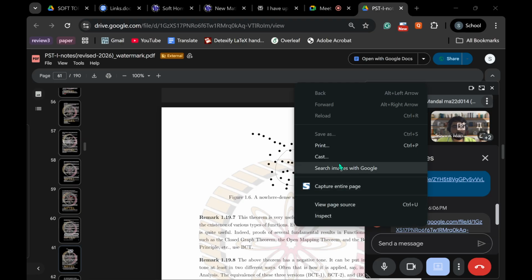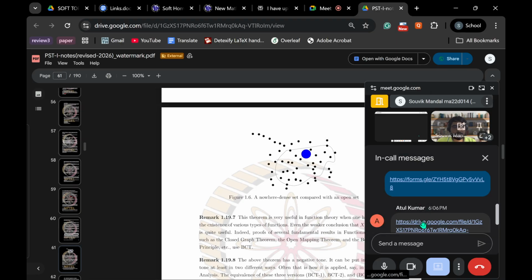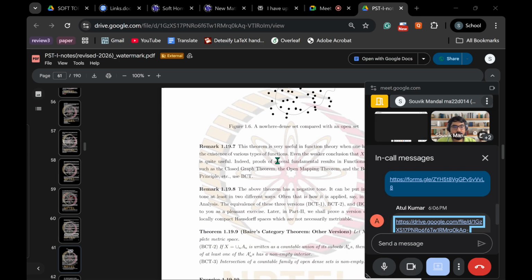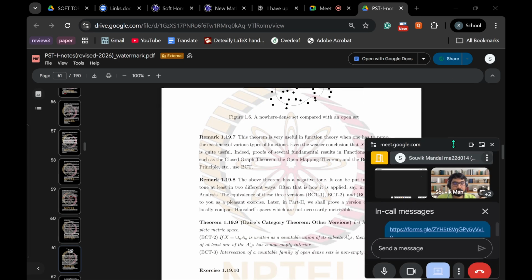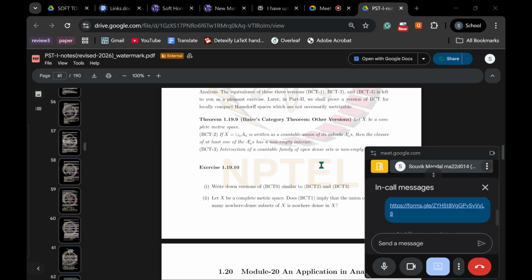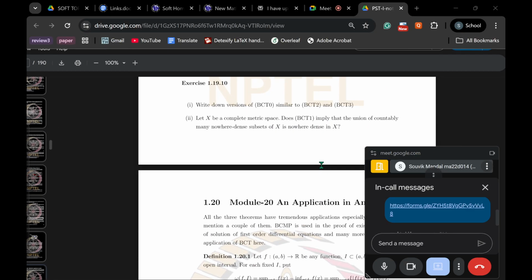Here it mentions the two theorems in other versions, and they ask us to write down versions of BCT 0 similar to BCT 2 and 3. One minute. Page number 61, written versions.